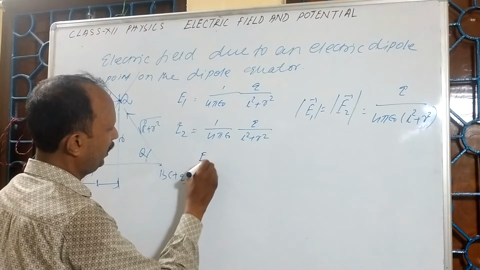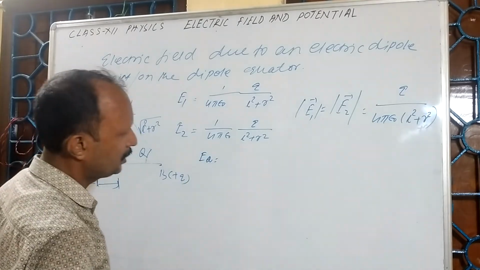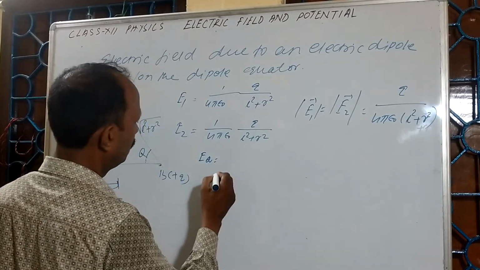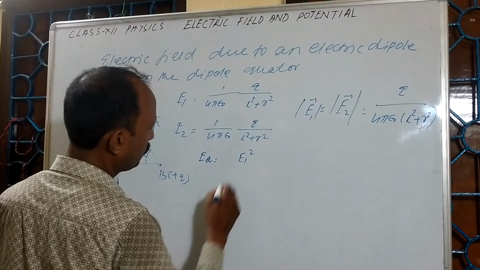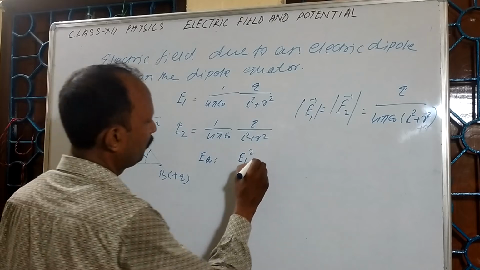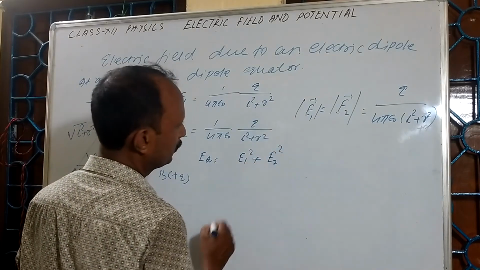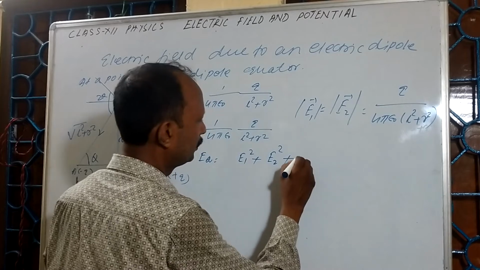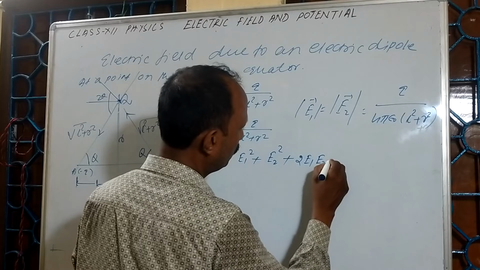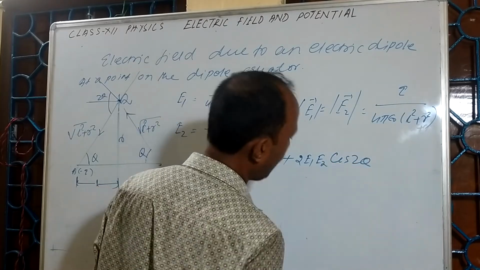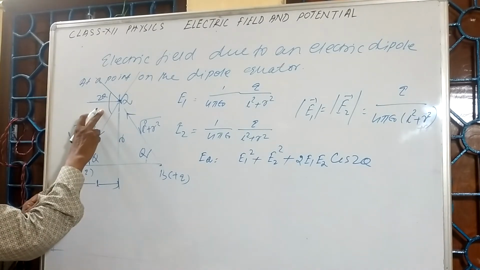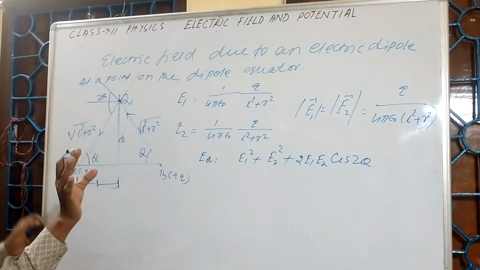Now I have to calculate the electric field at the point Q. So the electric field at the point Q is equal to the square root of E1 square plus E2 square plus 2 E1 E2 cos 2 theta. I am using the vector law of addition.